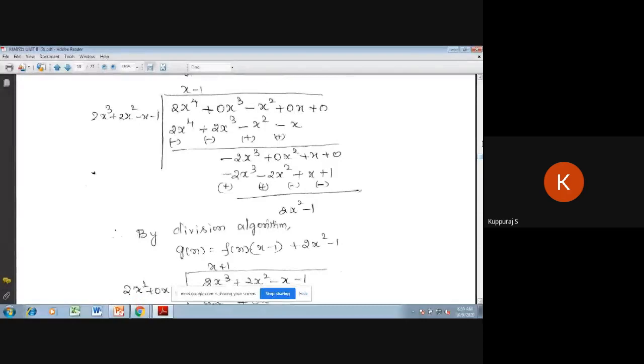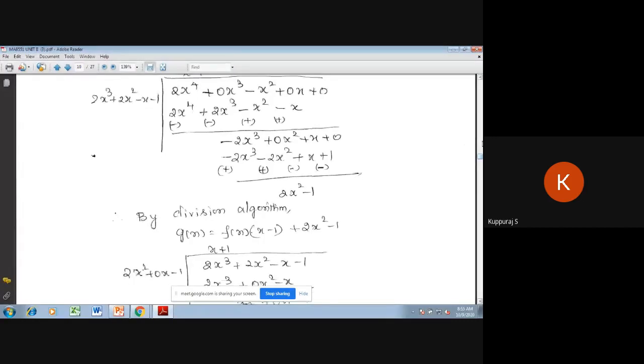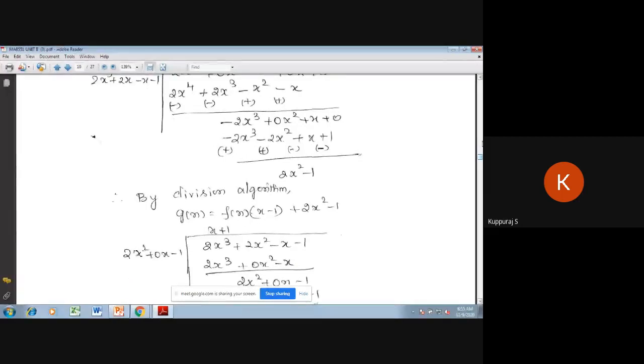Now again, by the division algorithm, the divisor becomes the dividend and the remainder becomes the divisor. So now 2x cube plus 2x square minus x minus 1 is divided by the remainder 2x square minus 1. This process is continued until the remainder becomes 0.